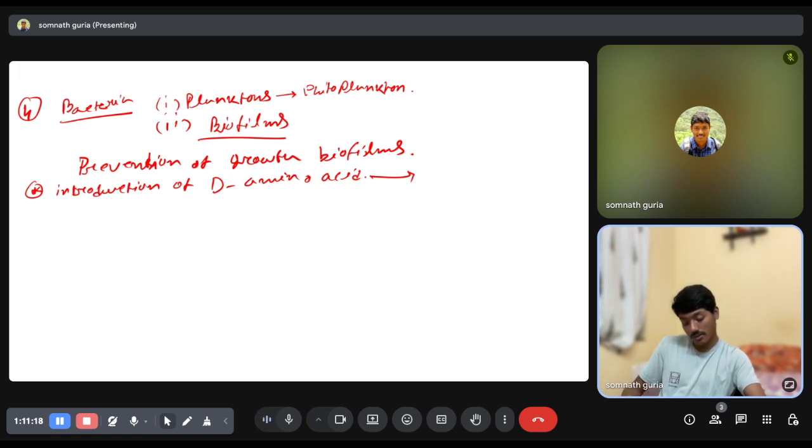So if it is there, the cell will not recognize this d-amino acid directly, and then this peptide will break down.